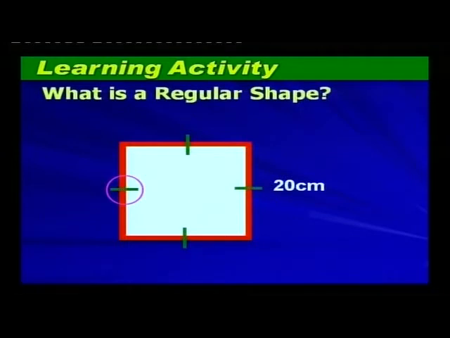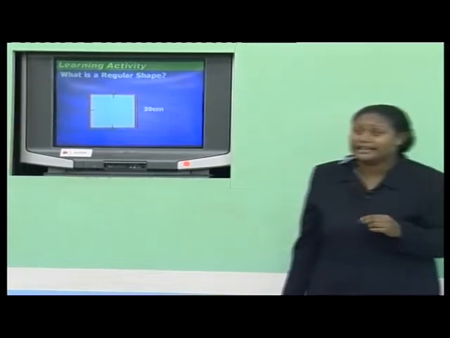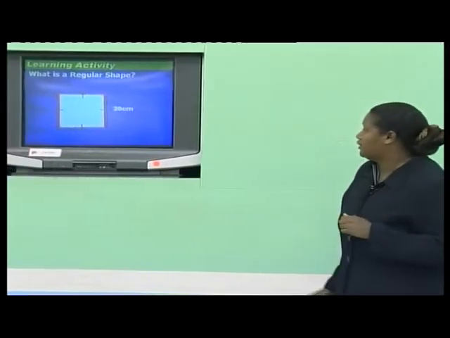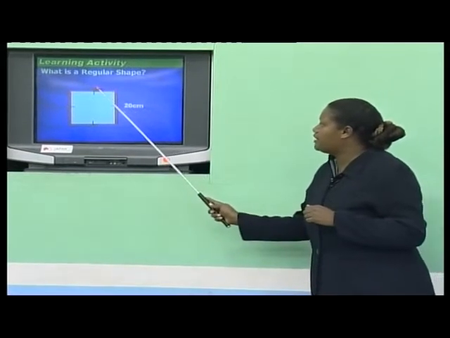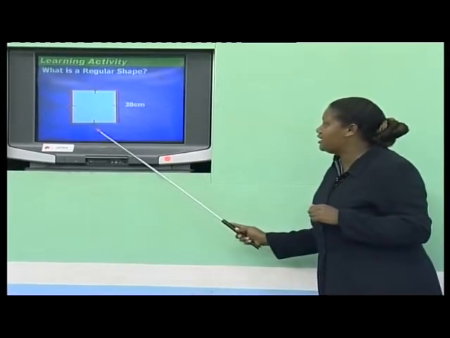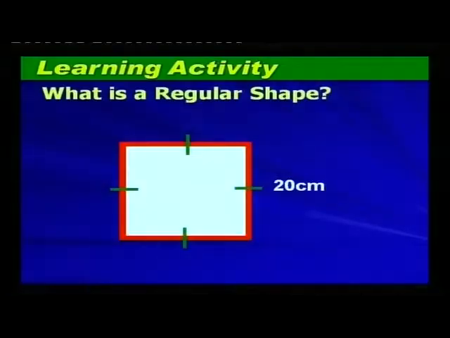When you see a symbol like this, you must know that all sides are same or equal. So here, if I have 20 centimeters here, that means that all these sides are 20 centimeters. Why? Because we have this symbol placed on the sides. Class, are you clear with that? All right. So we have our question here.